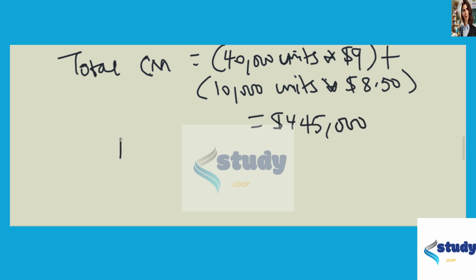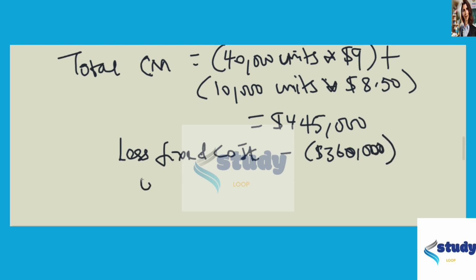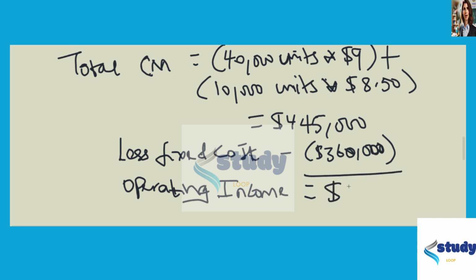So then we less fixed costs, and fixed cost is 360,000, and then the operating income will be the difference, and that will be $85,000.